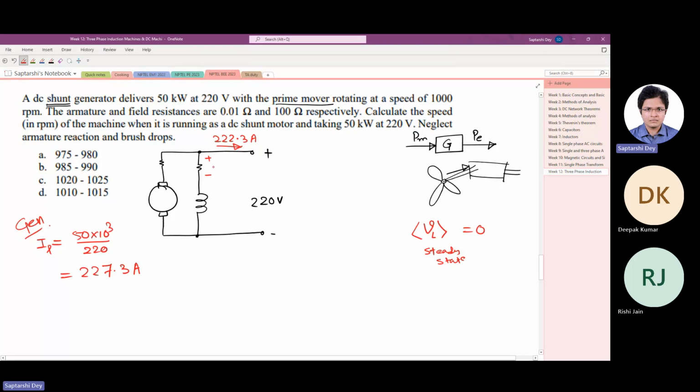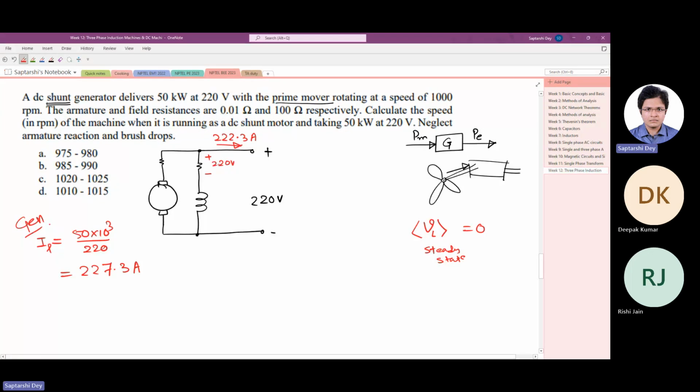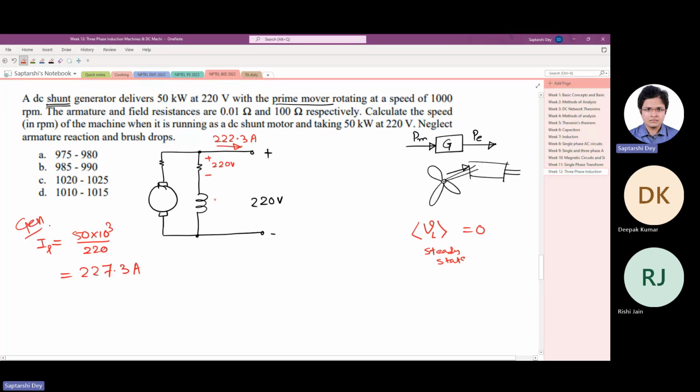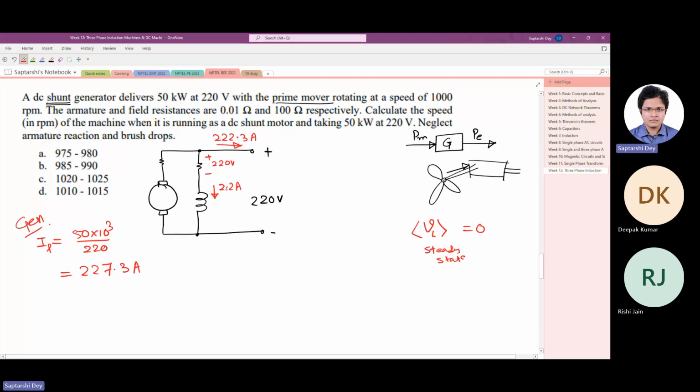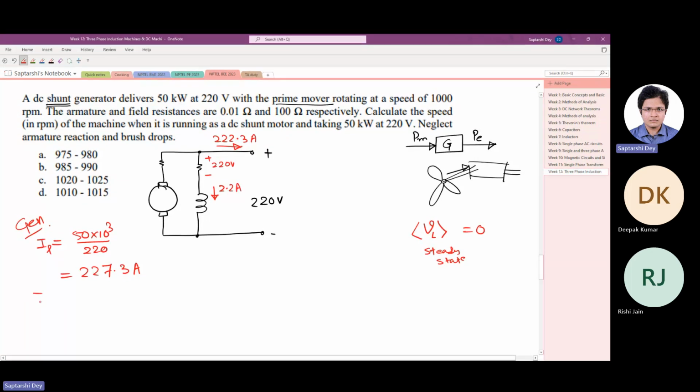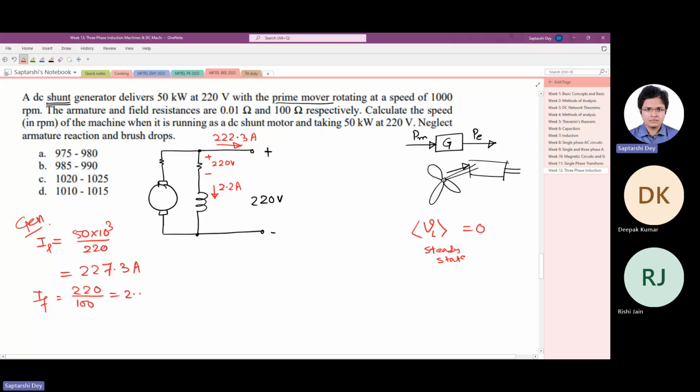If this is 220 volt, the field winding resistance is 100 ohm. So the field current is 2.2 ampere. Okay, 220 volt by 100 ohm, that is 2.2 ampere. I wrote 227, I gave it 222.